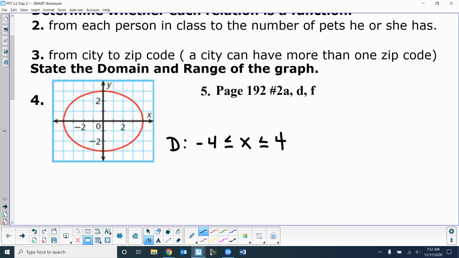There's -4 to 4, right? Remember, that's the X values. Jacob? Edwards? What's the range? Right. It goes from -3 to 3. You guys see that? Remember, that's your Y's. So we use Y for that one. Okay?